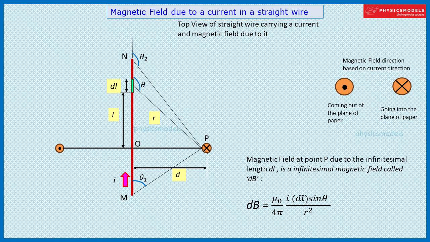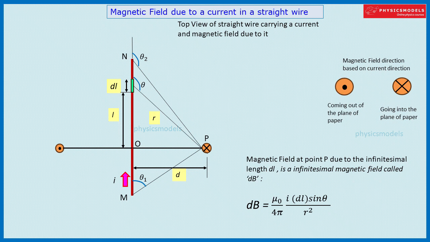The lower point M subtends an angle θ1 with point P, which is an acute angle. The other edge of the wire is N, that subtends an obtuse angle θ2 with point P.